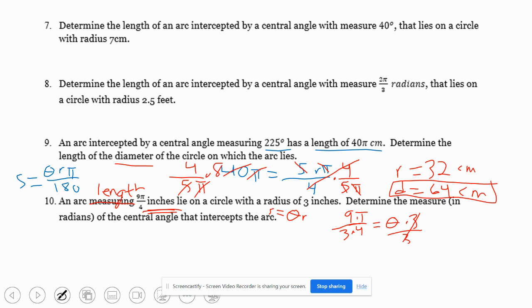And then I have 9 pi over 12, basically. Or if you'd wanted to, you could have taken that 9/3 and divided it out to make it 3. But you can see there how you end up with 3 pi over 4 being your angle measure. Okay. And it's in radians. You were asked to leave it in radians. So there we go.